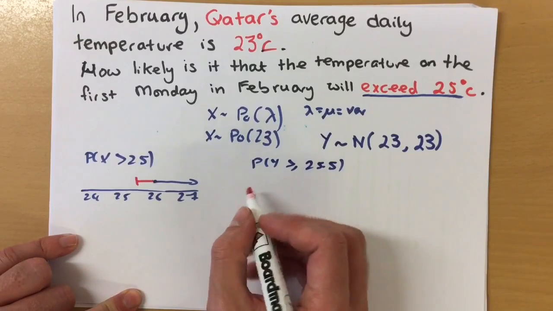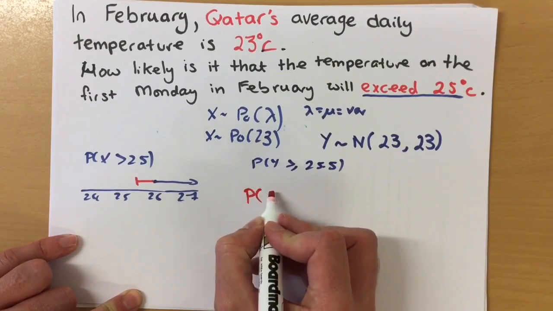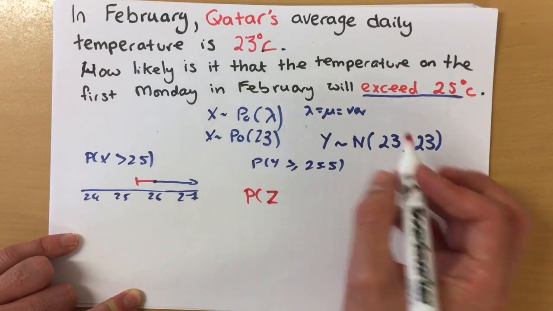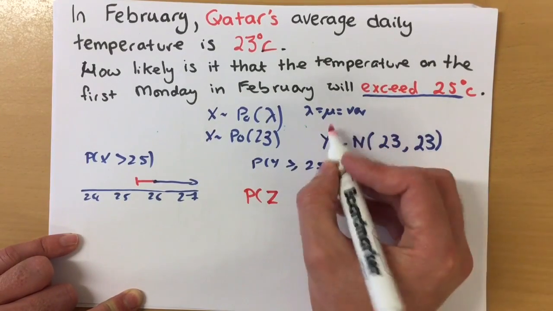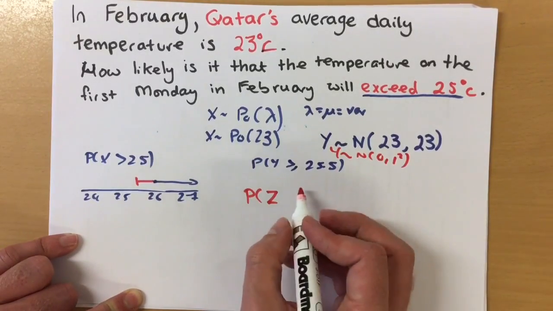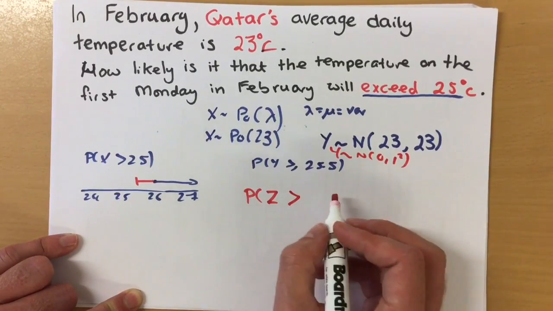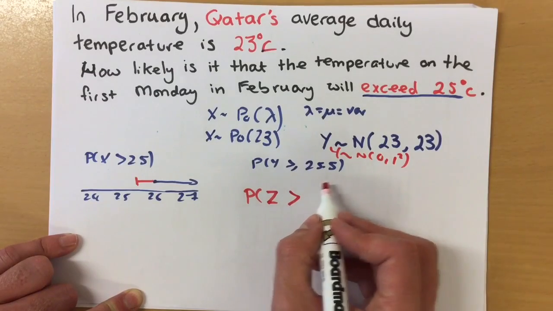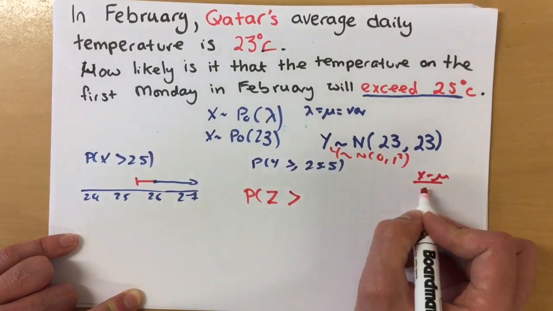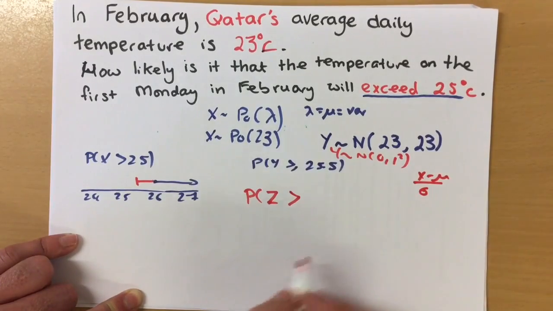So for our normal distribution, anybody want to use the normal tables where the distribution is 0, 1. So you're going to convert it, remembering that formula.